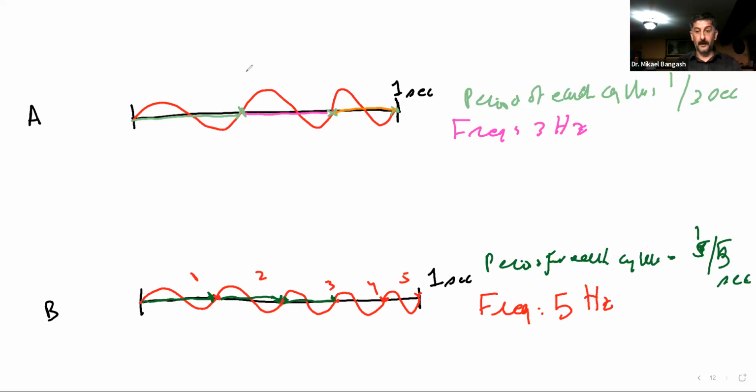Or we could also say that of these two examples here, this is where we have the highest frequency, because we have the shortest period.